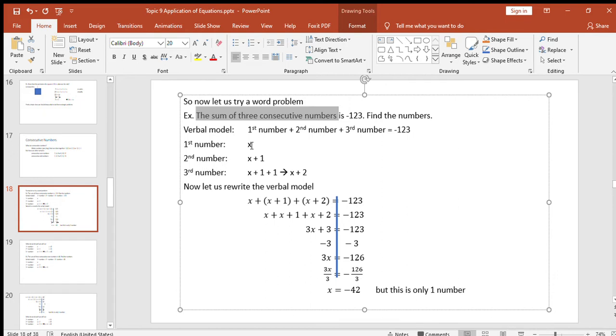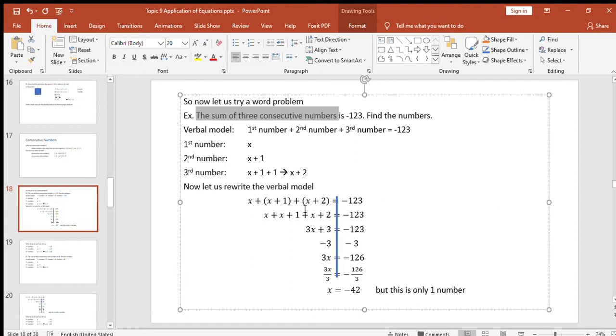So x will be our first number, our second number will be x plus 1, and our third number will be higher than our second number by 1, so it's going to be x plus 2. Now we're going to rewrite our verbal model using our new variables. So it's going to be x plus (x plus 1) plus (x plus 2) equals negative 123.